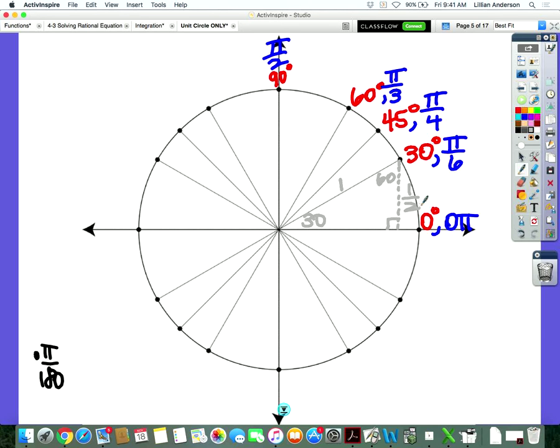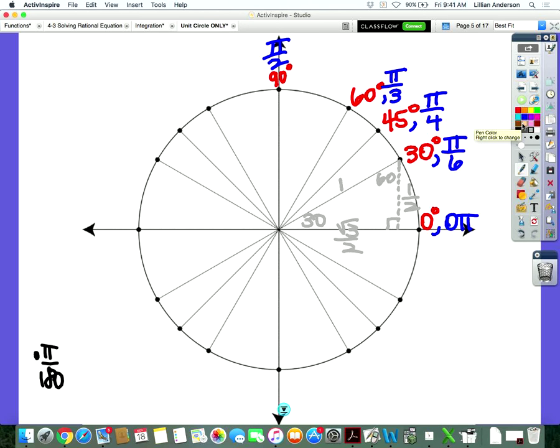So, knowing that the shorter side is 1/2, what's the side across from the 60? 1/2 square root of 3, which can also be written how? Square root of 3 over 2. Using that information, we can actually get our ordered pair.